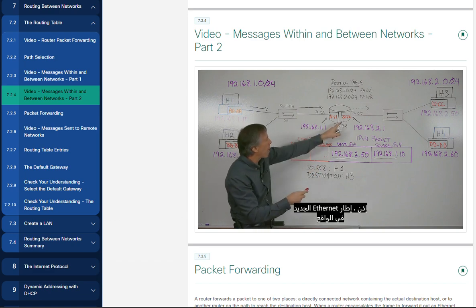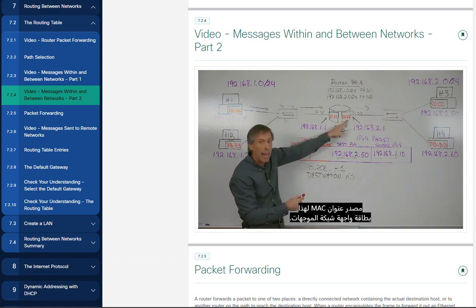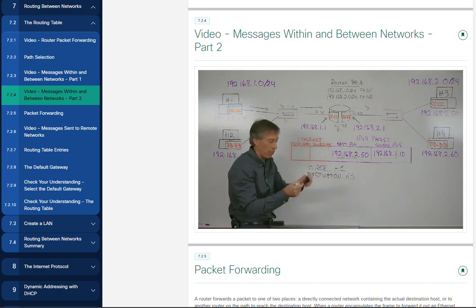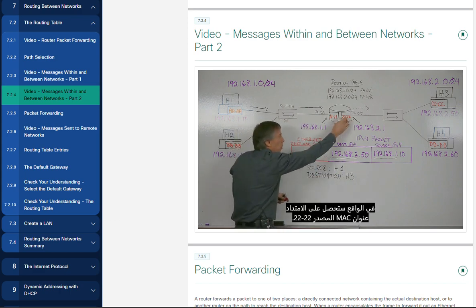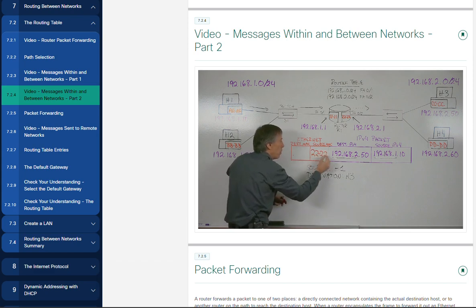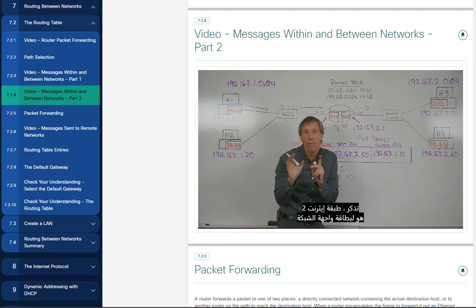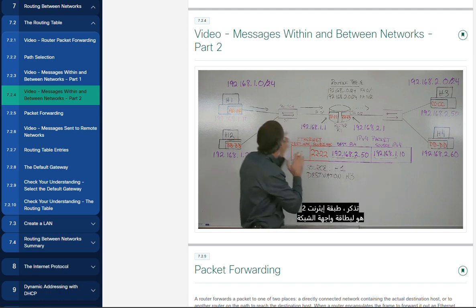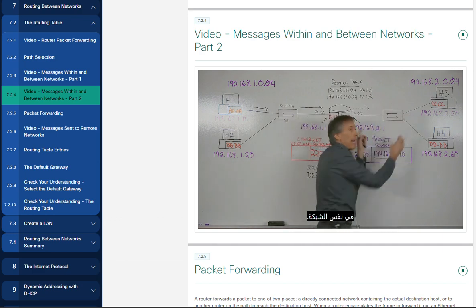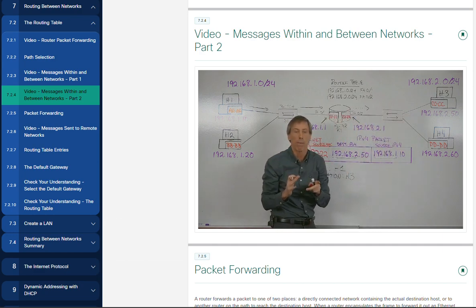The new Ethernet frame will have the source MAC address of this router's network interface card, 2222. Remember, Ethernet layer 2 is for network interface card to network interface card communications in the same network.